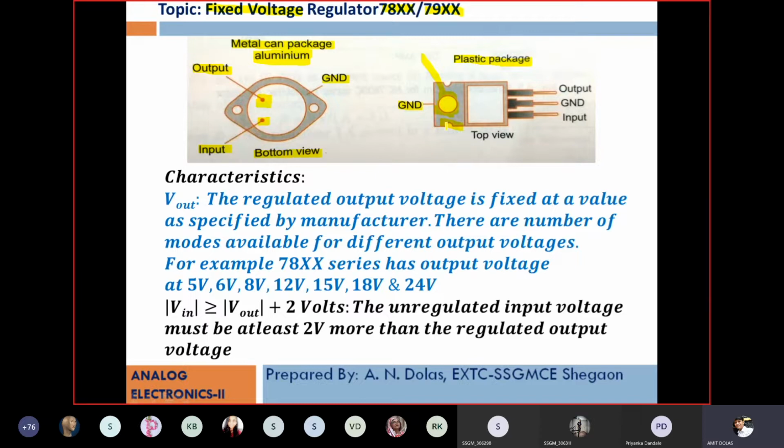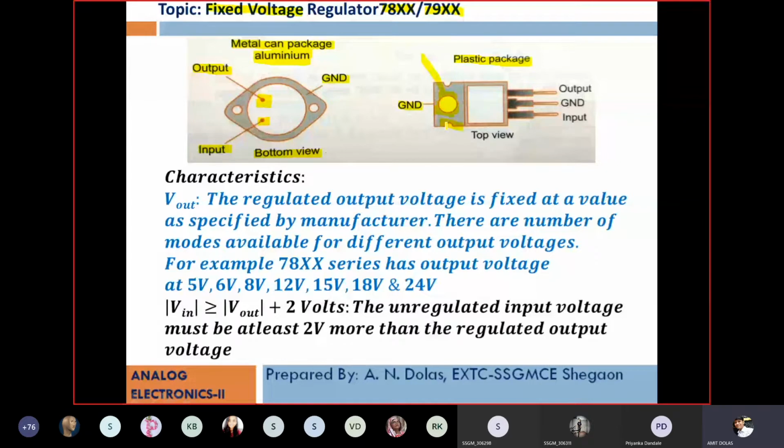But for the same IC, if I connect an unregulated power supply of, say, 12 volt, still the output will be 5 volt. Where does the remaining 7 volt go? It is across the series pass transistor. Of course, it will generate heat in that IC. So the more the difference between the unregulated and regulated power supply, the more heat will be developed.